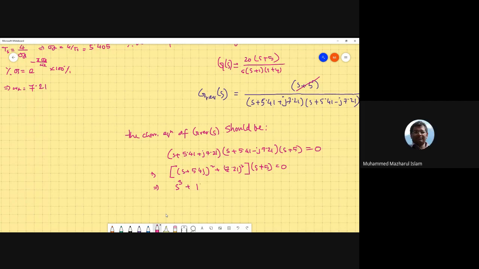Square means the whole number S squared. Okay, S squared, what's the coefficient? Sir, 113. That's too high.